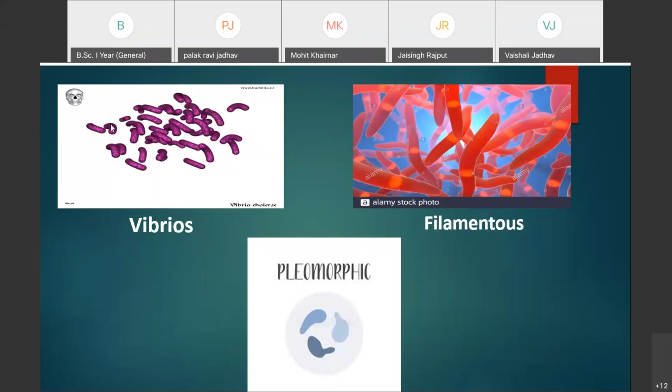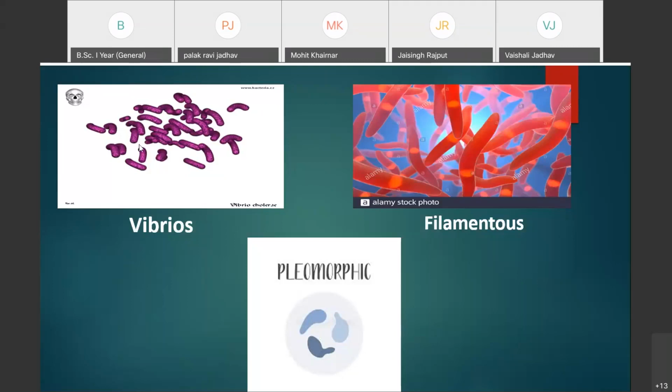As they appear as a comma, they are also referred to as comma bacteria.